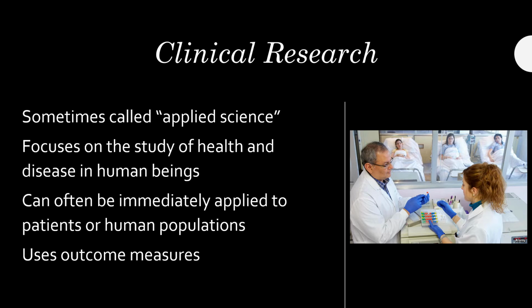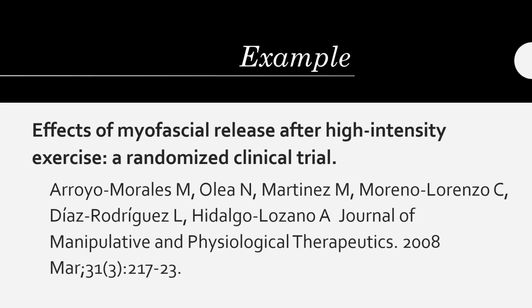It is outcome measures we use when we're looking at clinical research. And again, it can be often immediately applied to patients or the human population. Some examples would be the effects of myofascial release after high intensity exercise, a randomized clinical trial.